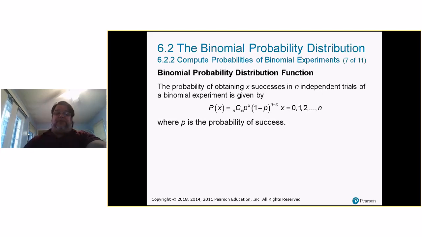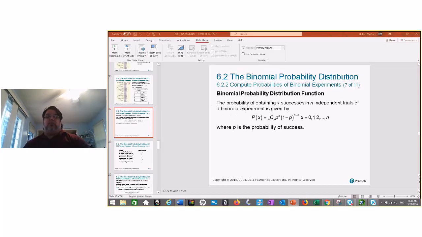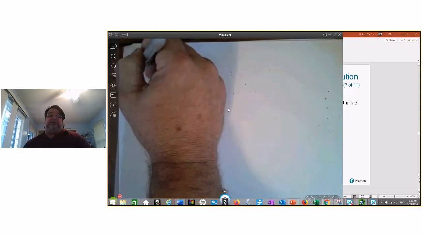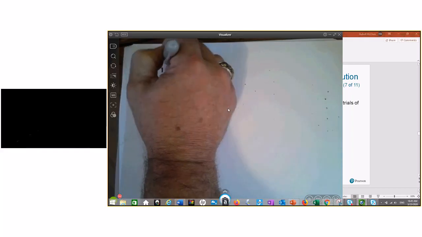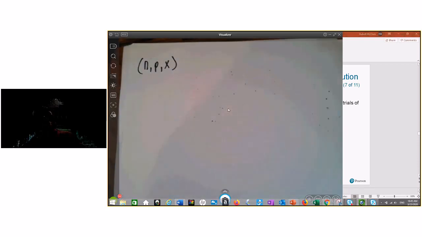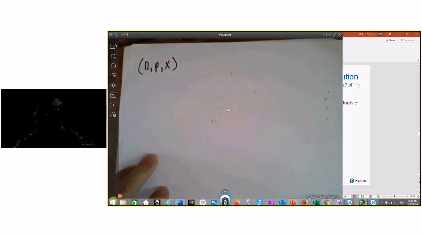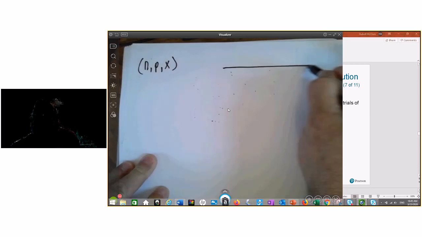If we want to find a function, if they give us an n, p, x question, one thing I told y'all at the beginning of this section is whenever you're given a problem, you need to graph it on a number line.